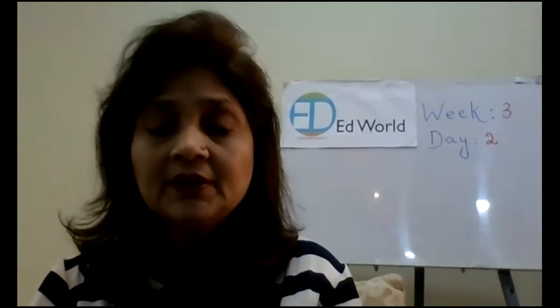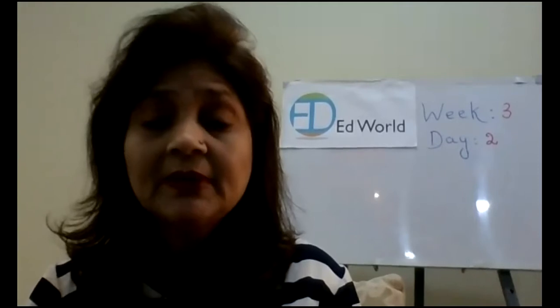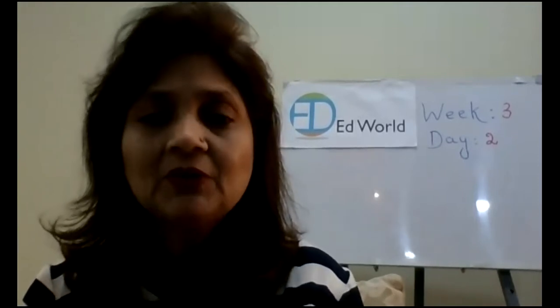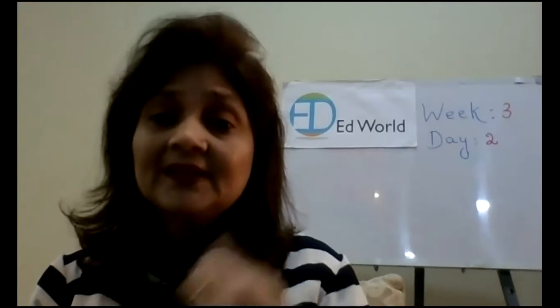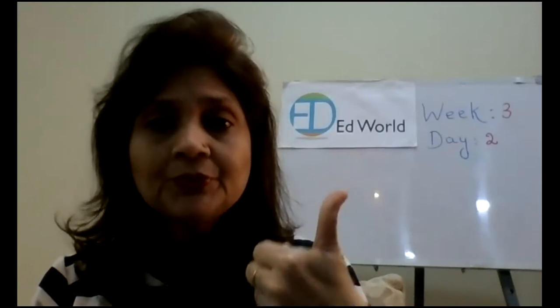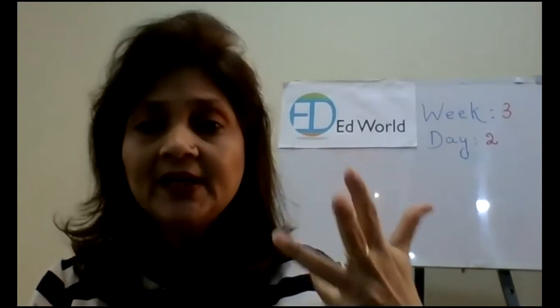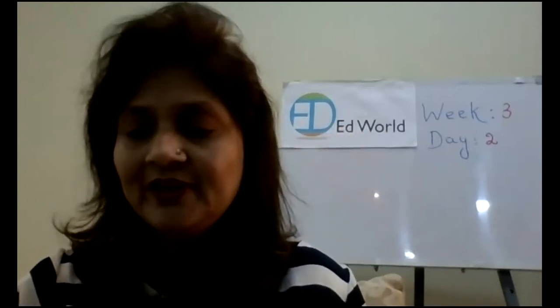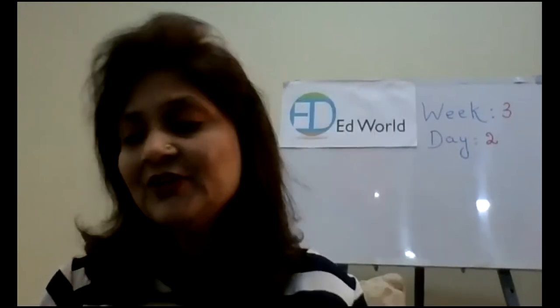We learned about the different parts of a plant, and what are they actually? Correct. They are the root, stem, leaf and flower. Wow, great job children. You remember what we did yesterday. Very good.